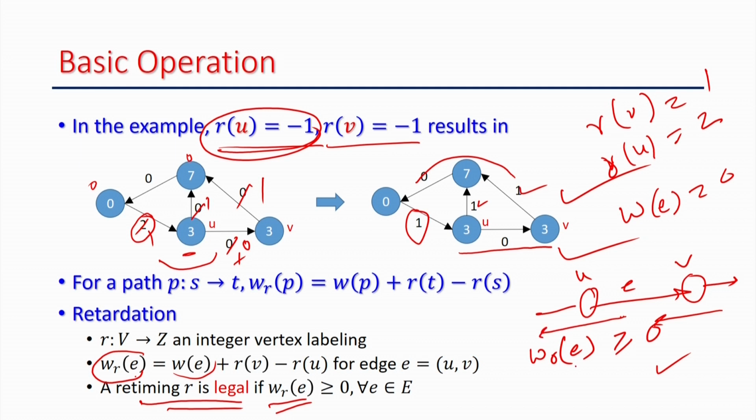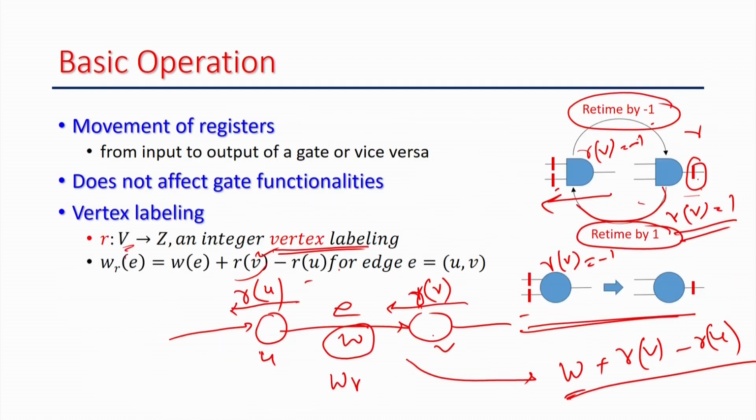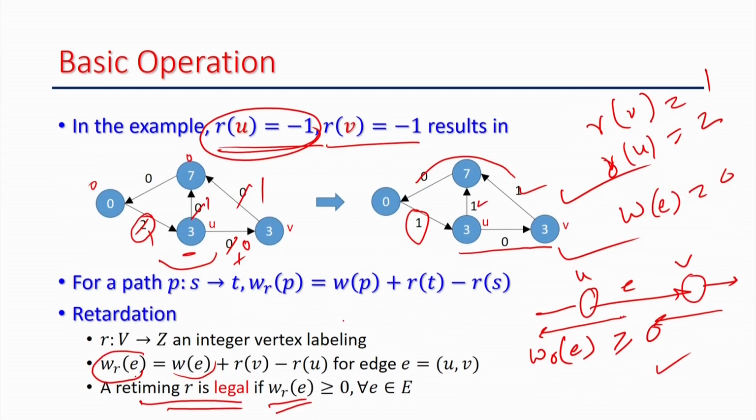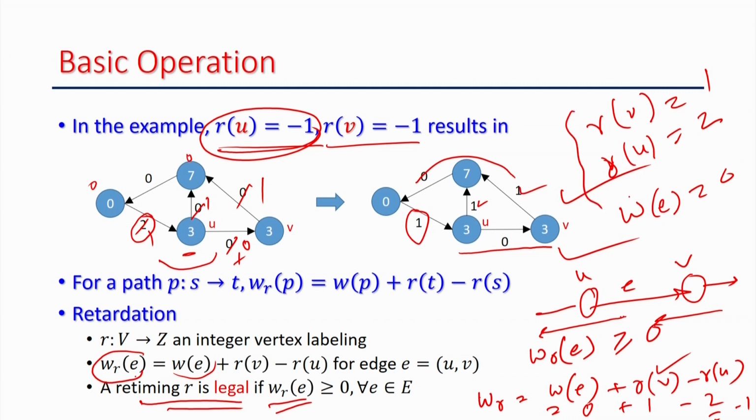So, finally, the final value of this register is given by what I already discussed: W plus R V minus R U. So, W r of E is nothing but W of E plus R V minus R U, right. So, now W is 0, this is 1 and this is minus 2, this becomes minus 1. That means you are assuming that after retiming this edge has minus 1 registers, which is not feasible. So, if you solve the inequalities this way, it is wrong, right. So, this is not a valid solution.